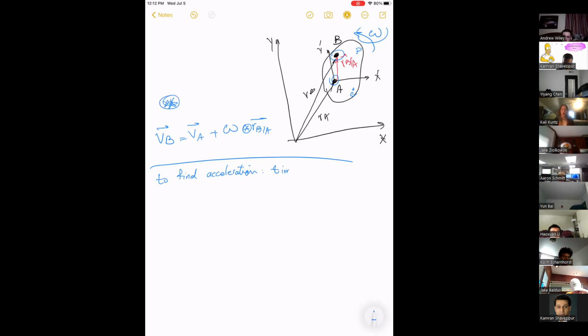Time derivative of equation star, which means I'm going to get dVB/dt equals dVA/dt plus d/dt of omega cross RB with respect to A, right?